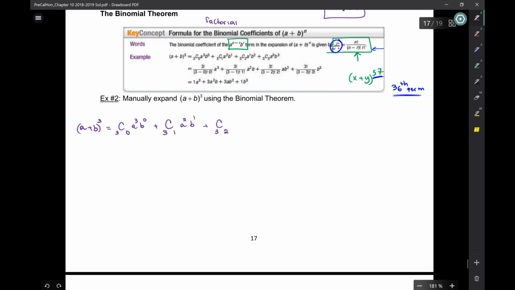So each time n stays constant, and then r goes 0, 1, 2, 3. And then we had a to the 3, a to the 2, a to the 1, b to the 0, b to the 1, b to the 2, plus C, 3, 3, a to the 0, b cubed. You stop when these are the same.